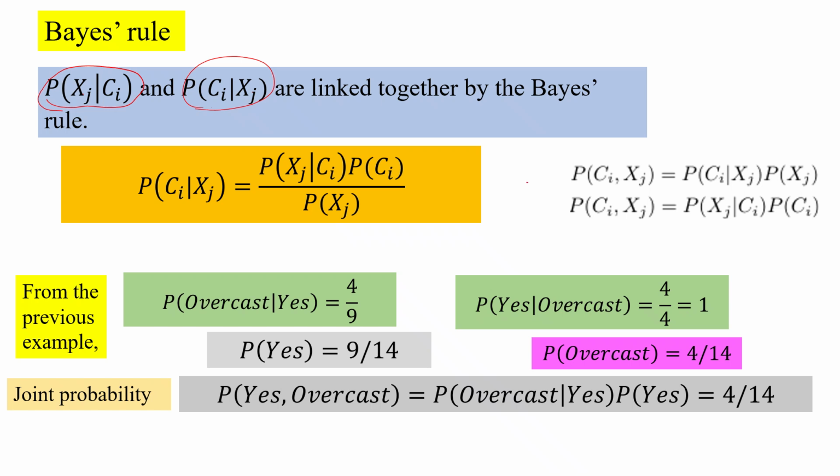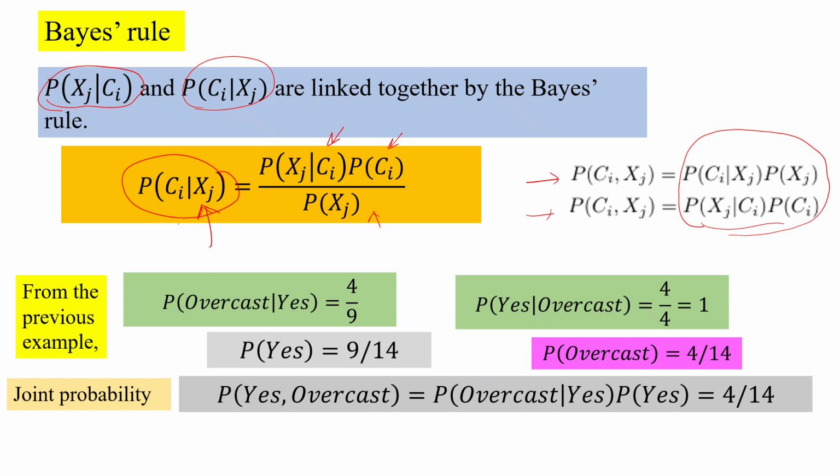Because both are related to the joint probability, P(ci|xj) into P(xj) gives the joint probability (ci, xj), and similarly P(xj|ci) into P(ci) also gives it. So we equate these two, and hence, see, for the classification problem, actually we want this. And we'll see that the Naïve Bayes, this probabilistic classifier, is not learning this. In fact, it is finding these out and then computing this.